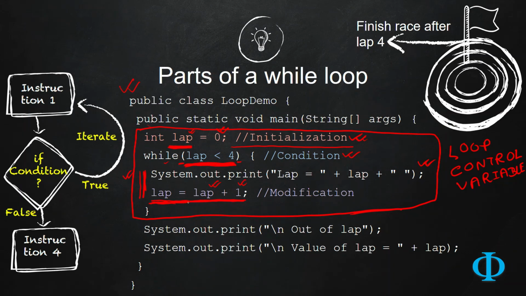And the final part is the modification: how the loop control variable is modified to move ahead in the loop. This modification can be any type of arithmetic operation. It does not need to be just increment. It can be decrement, multiplication, or division, based on the needs.